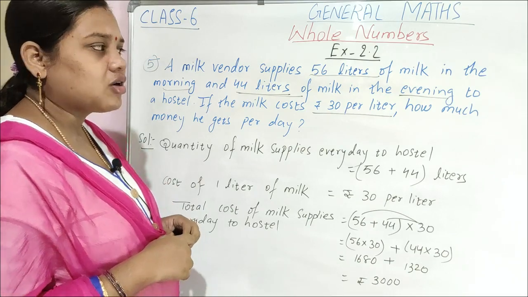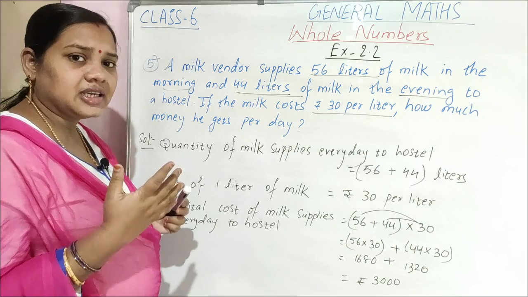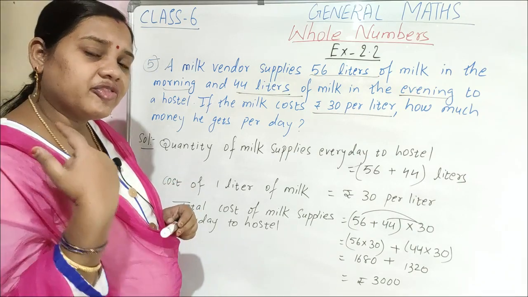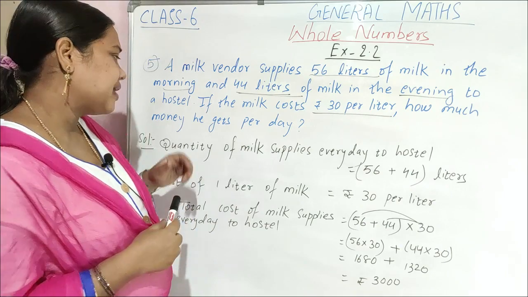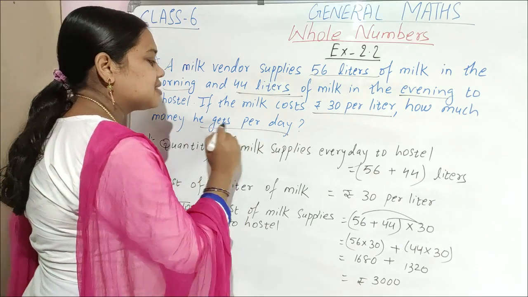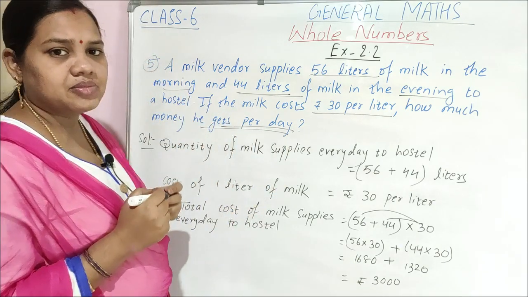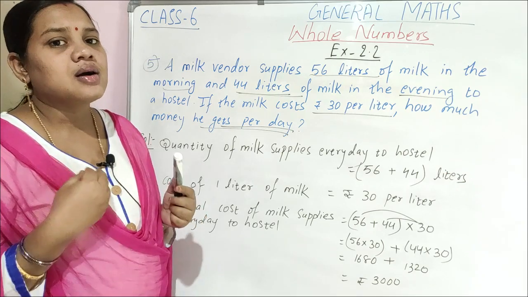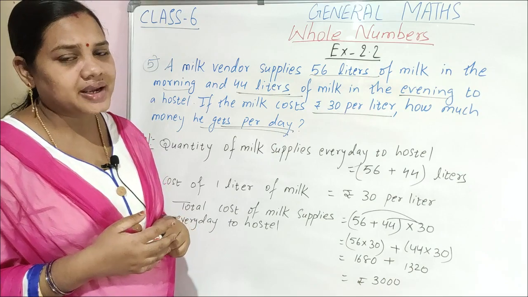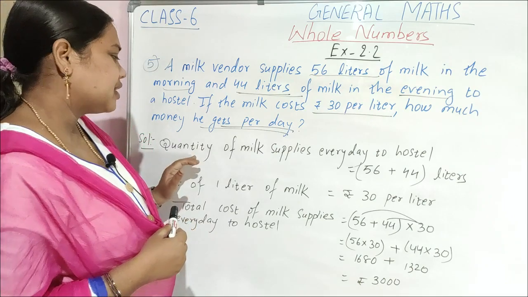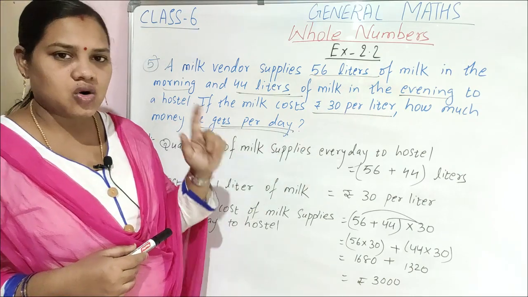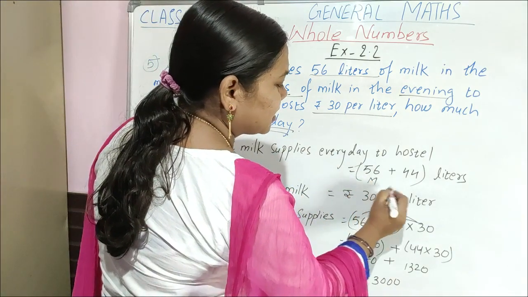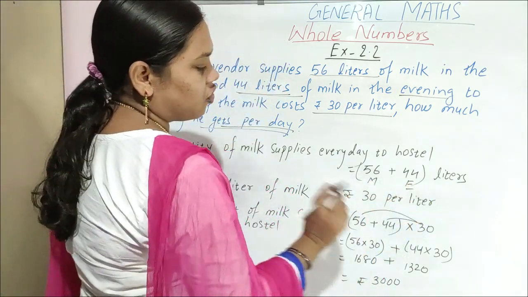Okay, so for this what you have to find? You have to first see the total quantity of milk he supplies every day. You have to find the amount he gets every day, per day means one day how much amount he is getting. So quantity of milk supplies every day, morning 56 liters and evening 44 liters.